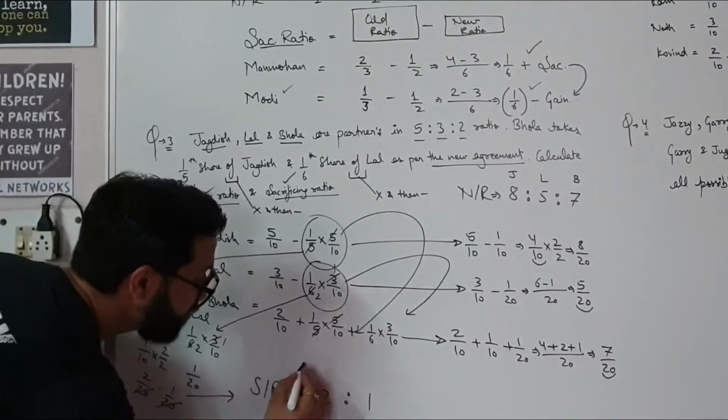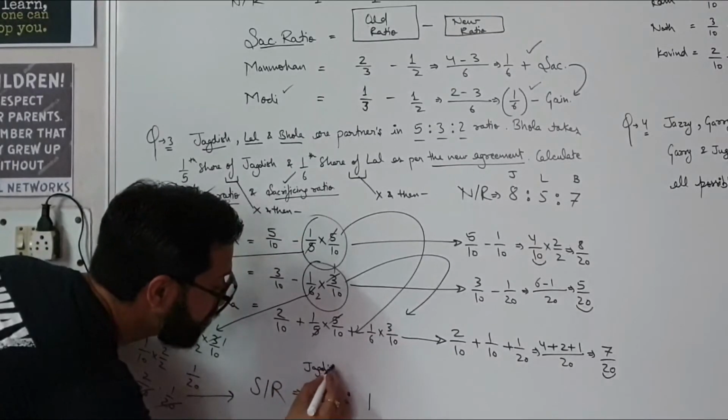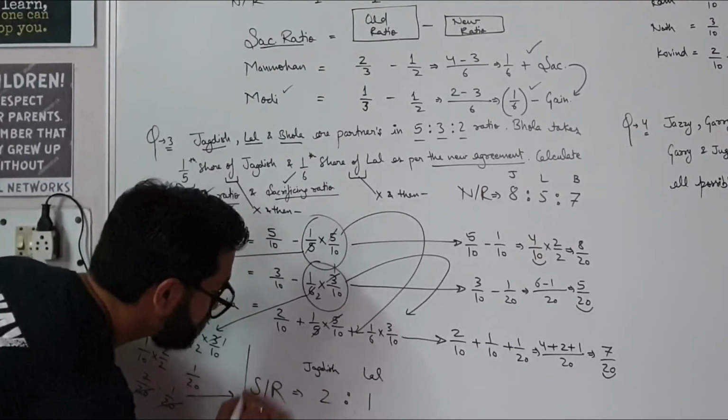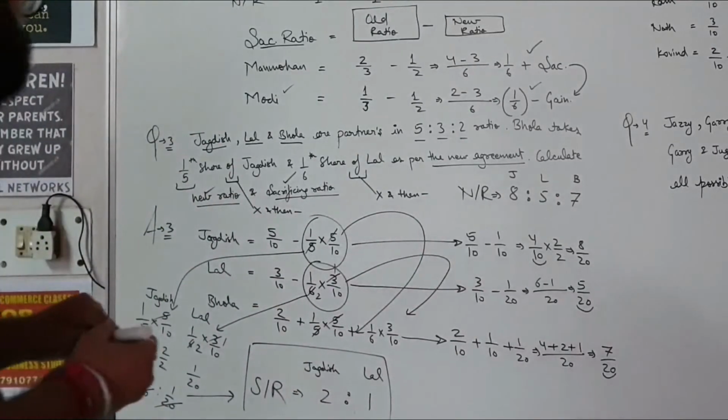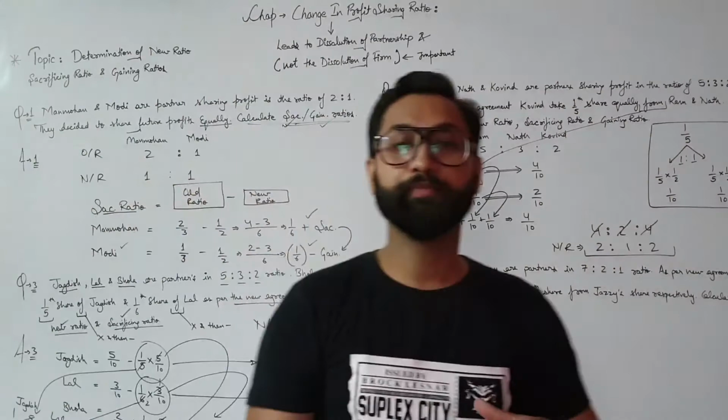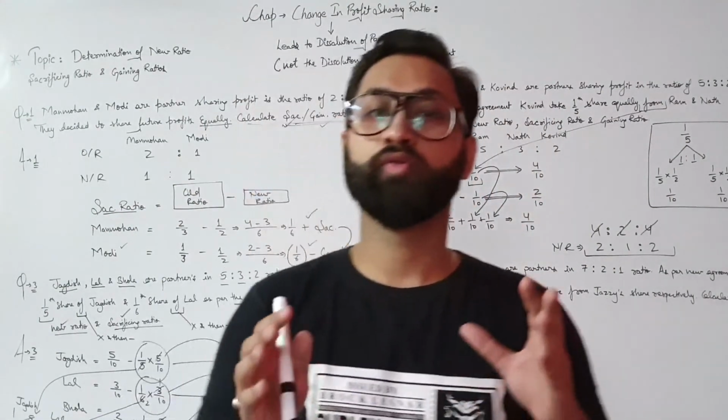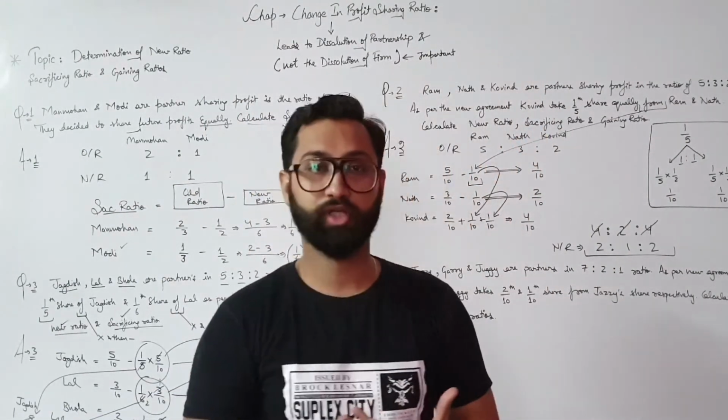Therefore, the sacrificing ratio of Jagdish and Lal is 2 is to 1. There is no need to calculate it separately. So hopefully you have understood what change in profit sharing ratio is all about.